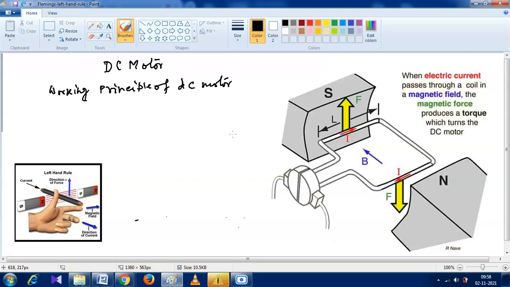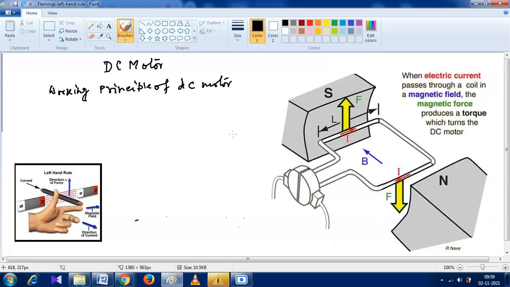Suppose we have stretched our left hand three fingers, the forefinger, thumb, and the middle finger. We are stretching these three fingers 90 degrees with respect to each other.